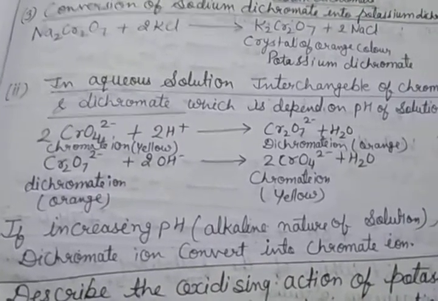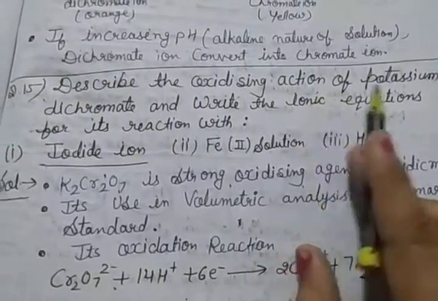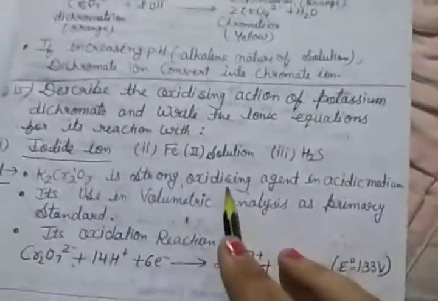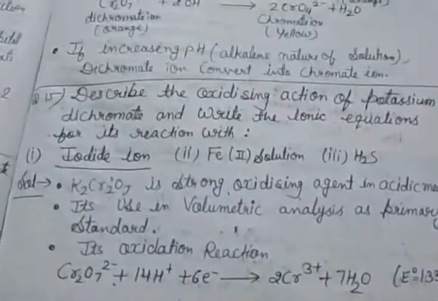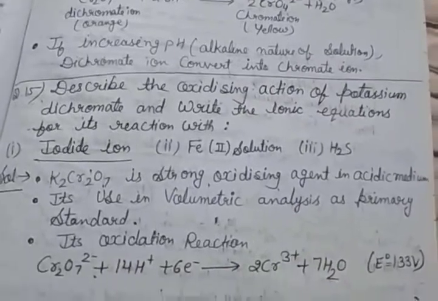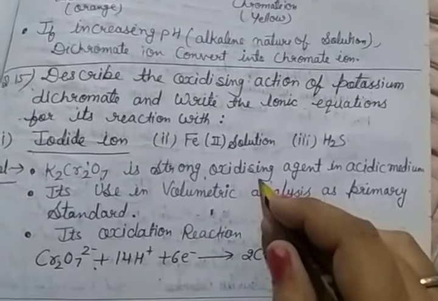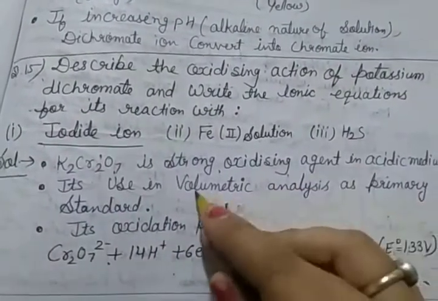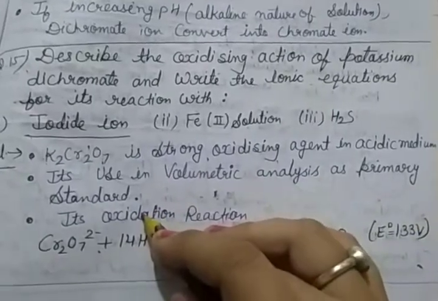Then the next question is, describe the oxidizing action of the potassium dichromate and write the ionic equation for its reaction. Potassium dichromate is a strong oxidizing agent in acidic medium, and it is used in volumetric analysis as a primary standard.